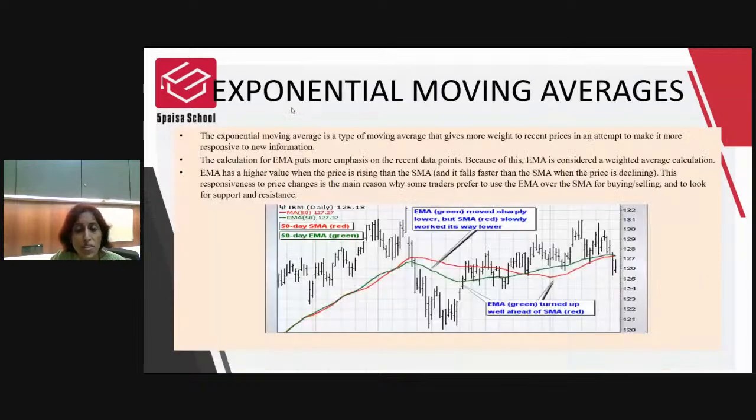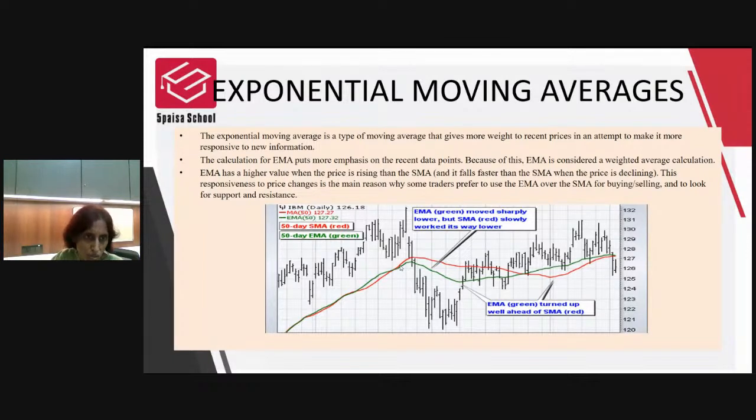Now, what is an exponential moving average? It is again like a simple moving average, but the major difference is that it gives more weightage to the recent prices, in an attempt to make it more responsive to new information. The calculation for EMA puts more emphasis on the recent data points, and that is why the exponential moving average brings out the market sentiments more precisely.